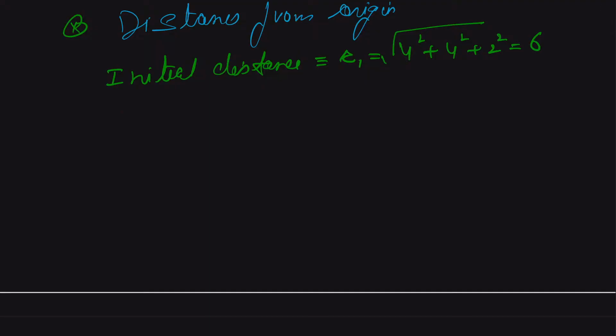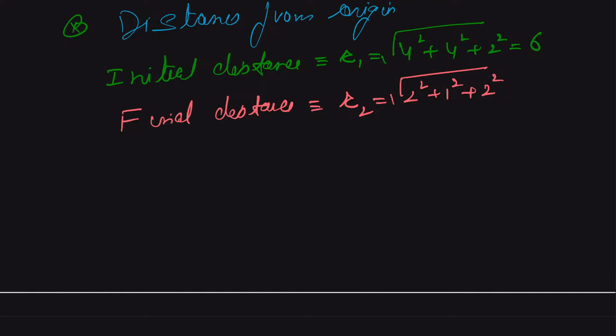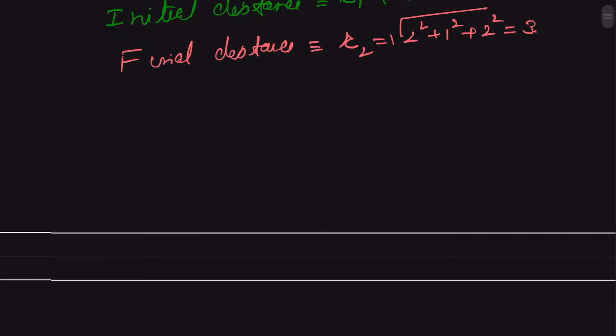Then we find the final distance R2, which is the square root of 2 square plus 1 square plus 2 square, and this is equal to 3. Then we can easily find the change in potential energy.